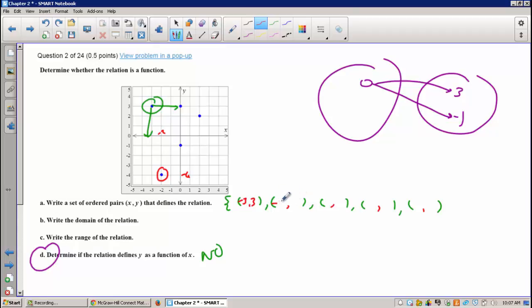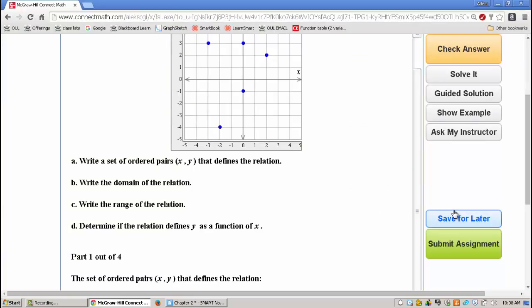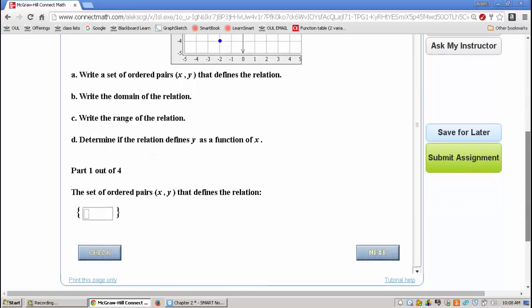We put this down earlier. Negative 2, negative 4. And later, (0, 3), (0, negative 1). Right? Two values, 0 going to. And the last one is (2, 2). This is it. That's what we are going to enter right here.